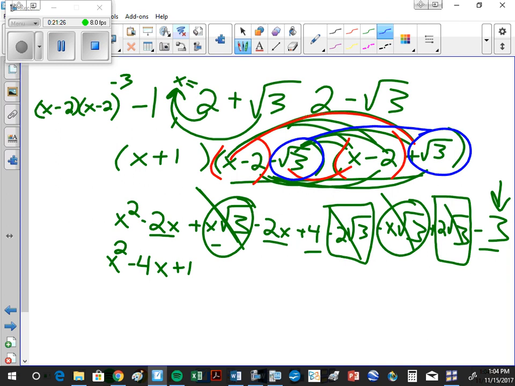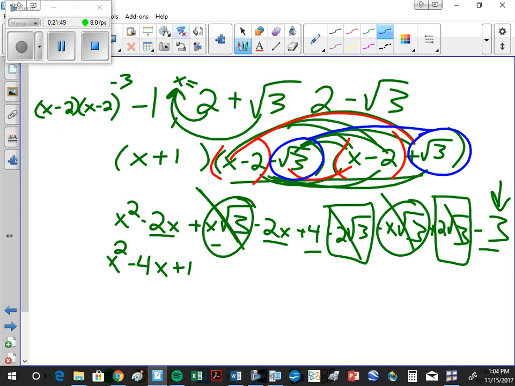So you can skip 4 of those multiplications because they're guaranteed to cancel. So you do x minus 2 times x minus 2, which is x squared minus 4x plus 4. And then you do the negative root 3 times the positive root 3, which is negative 3. And you end up with 4 minus 3 is 1.